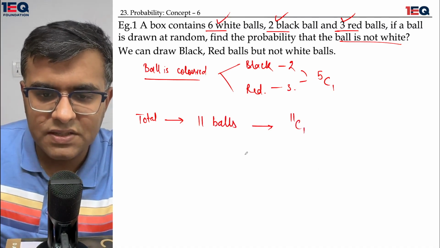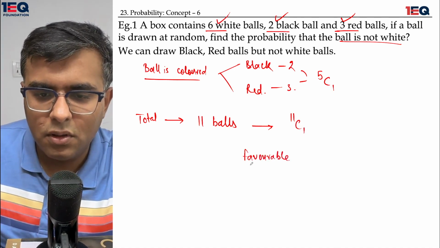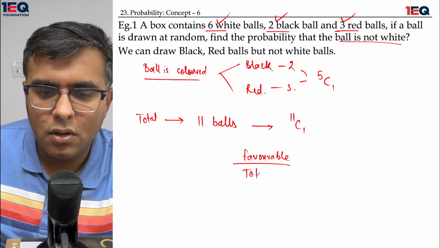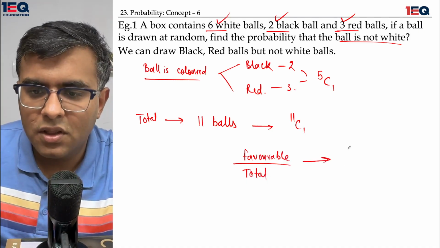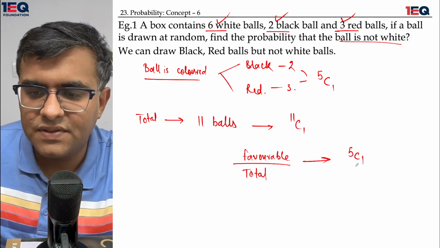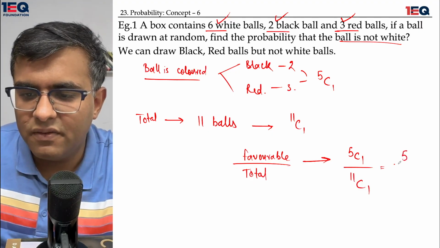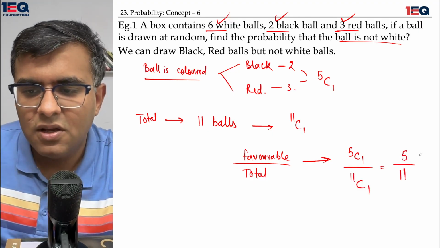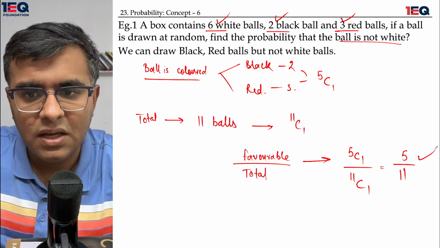So the answer is favorable upon total. The favorable case says 5C1 and the total case says 11C1. So 5C1 is nothing but 5 and 11C1 is nothing but 11. So 5 by 11 is my answer.